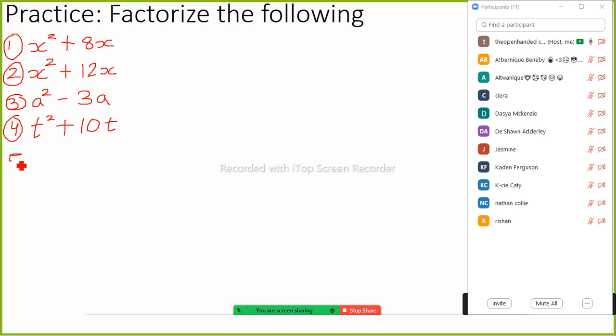Number 5: 7x minus x squared. Number 6: 8a minus a squared.